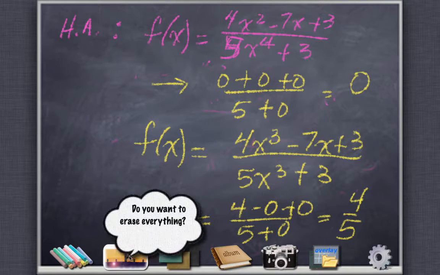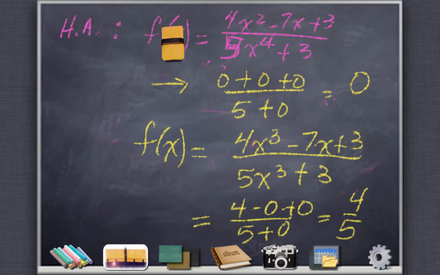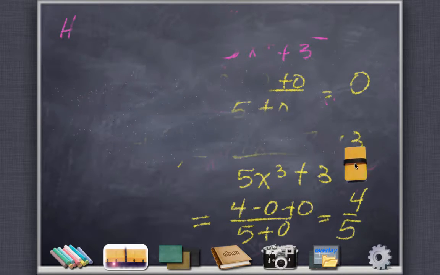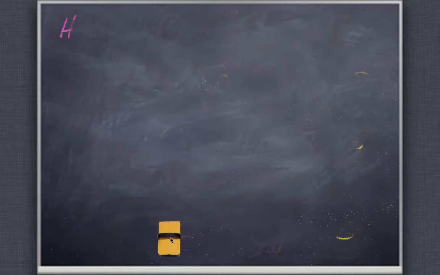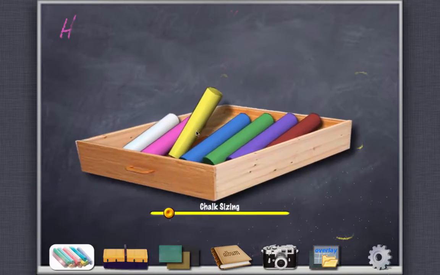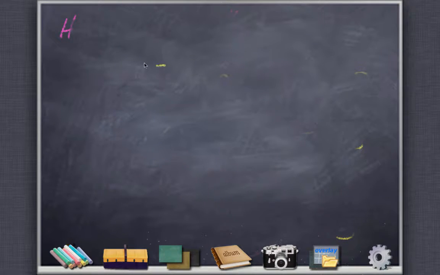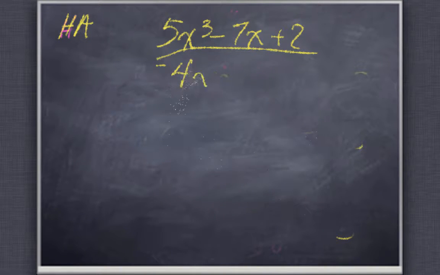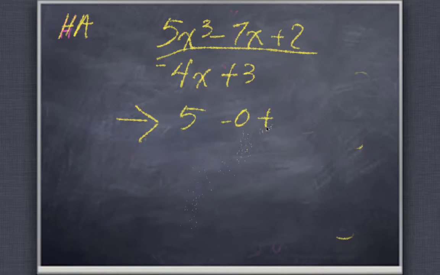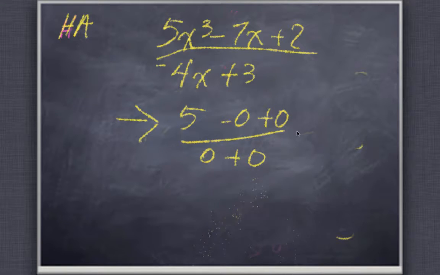If the degree on the top is higher, so like 5x cubed minus 7x plus 2 over 4x plus 3, this is the only thing that survives, 5 minus 0 plus 0 over 0 plus 0.